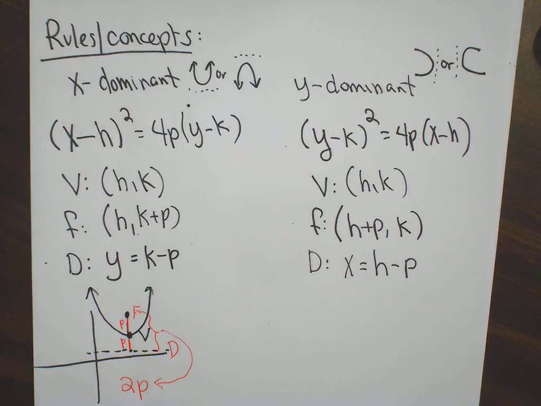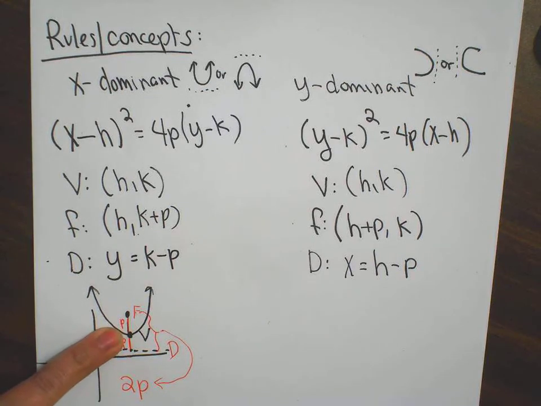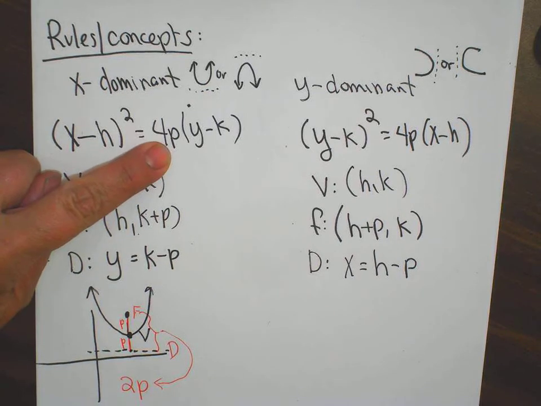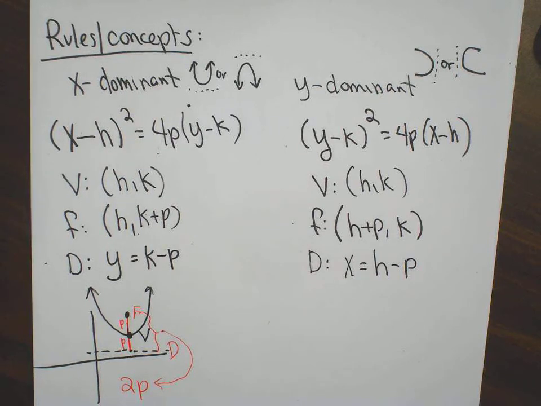Does that make sense? And is that going to be true for any direction that our parabola is opening, for up, down, left, or right? Will that still be a 2p? Yeah. And remember, p, we're looking at it in two different ways. This is more like the absolute value of p because it's a length, and length cannot be negative. So when we refer to the p that we're plugging into here, we have to consider the direction.